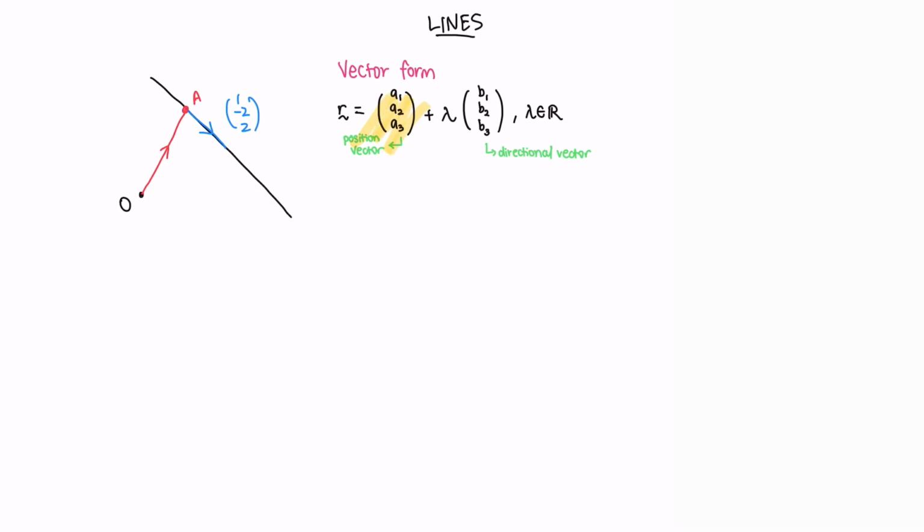So this is any position vector of a point on the line, and here is any directional vector. What we want to do is take lambda. Over here we define lambda as any real value, such that we can find every single possible vector here and then get every single possible point on the line. This is what we call the vector form of a line.